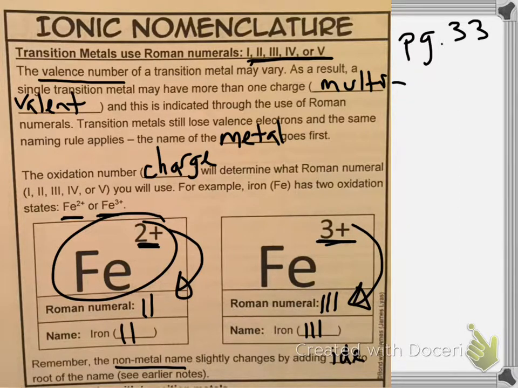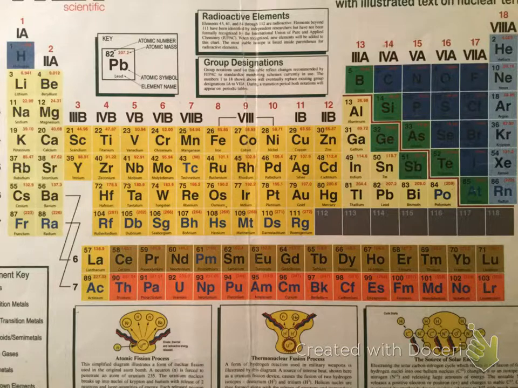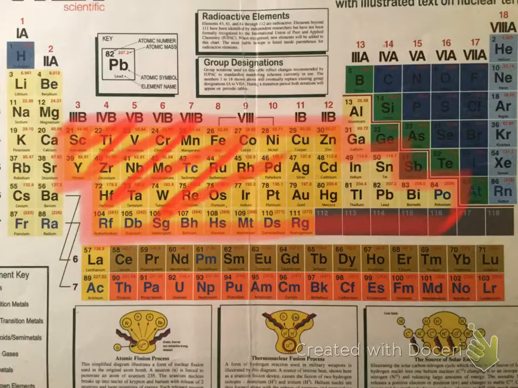So when does this apply? Well, it applies when we have multivalent elements, which are most of our transition elements. So whenever there's an element in this box all the way over to here, in this box, not including gallium or aluminum, but everything else to the right side of the transition elements, these are all multivalent.